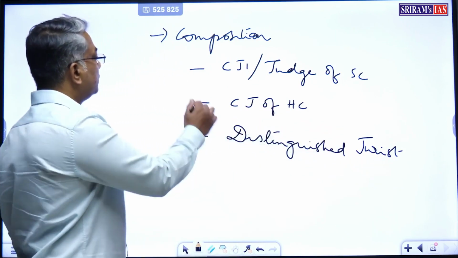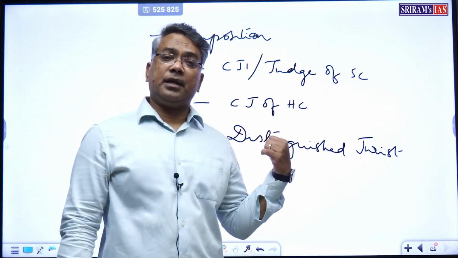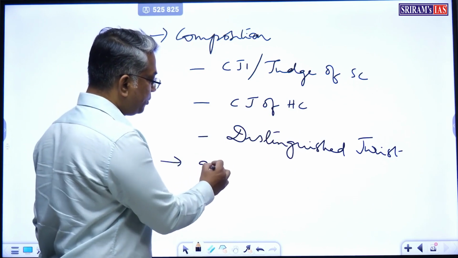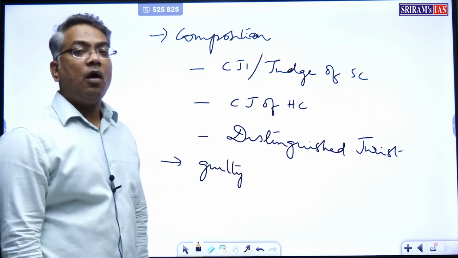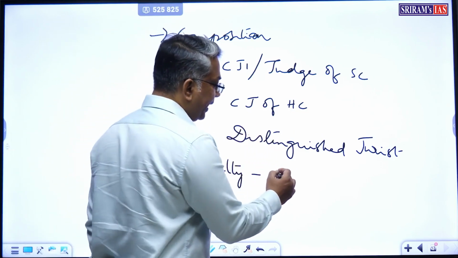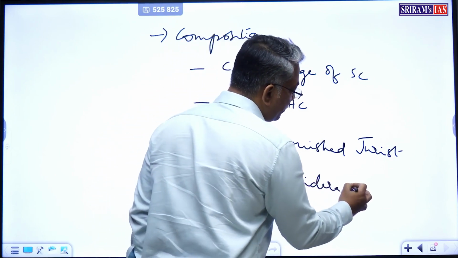Okay, so if the 3-member committee after the inquiry finds the judge to be guilty of misbehavior or incapacity, then the House may take up the consideration of the motion.